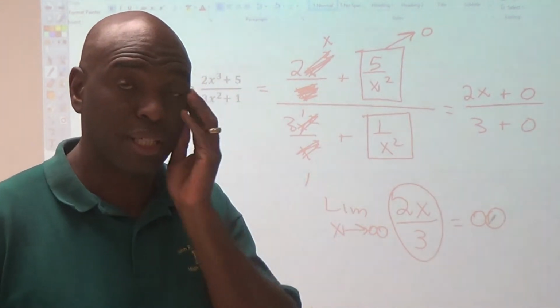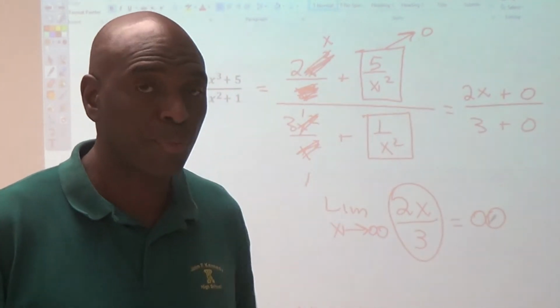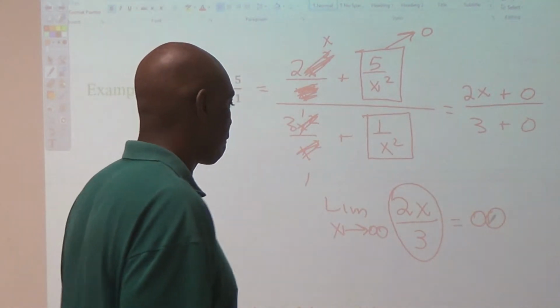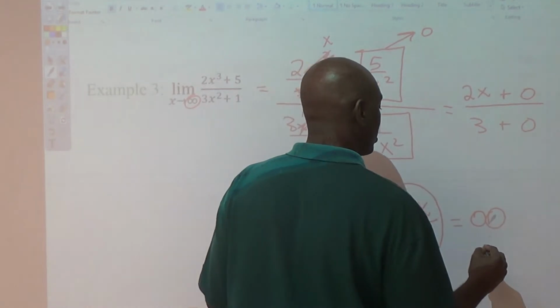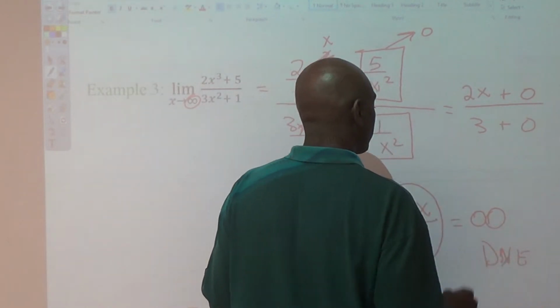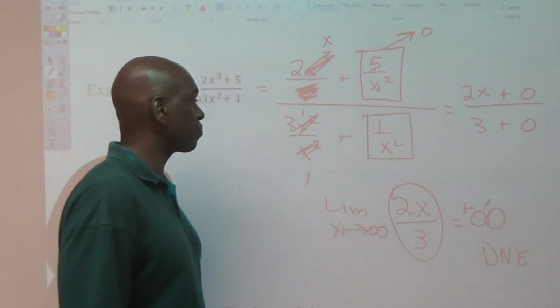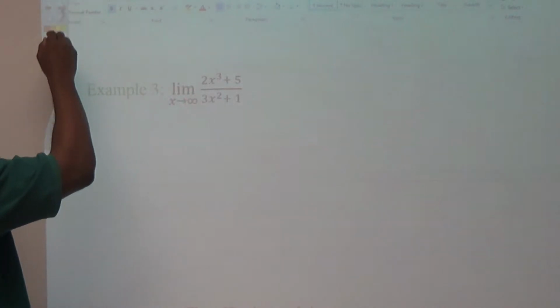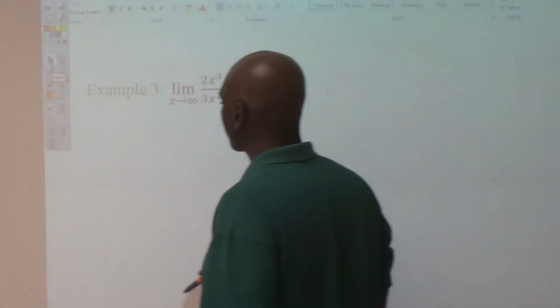There's no cap on it. It does not approach a what? Value. It does not approach a value. Okay? So this limit does not exist. It follows infinity. All right. Good.